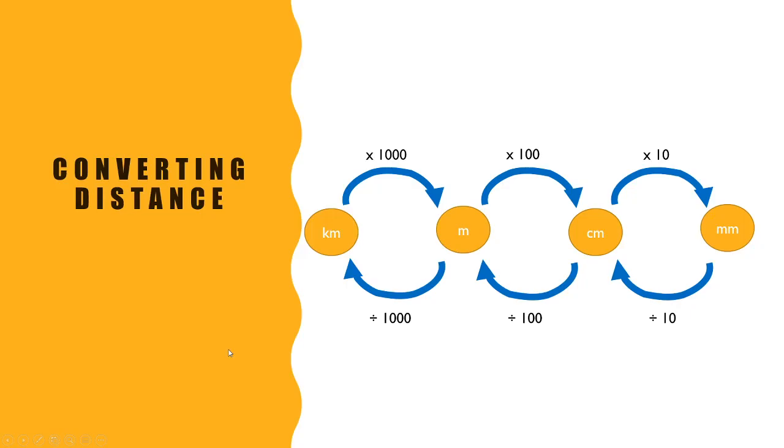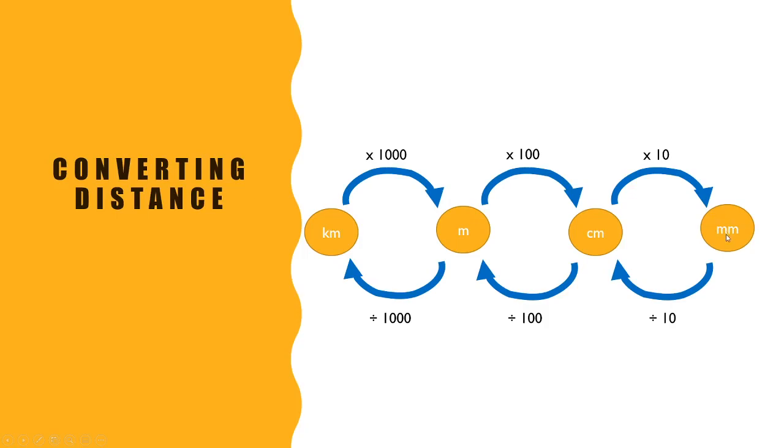So converting distance, we've got kilometers, meters, centimeters, and millimeters. Now, as we go down from kilometers to meters, we multiply by 1,000. From meters to centimeters, we multiply by 100. From centimeters to millimeters, we multiply by 10.